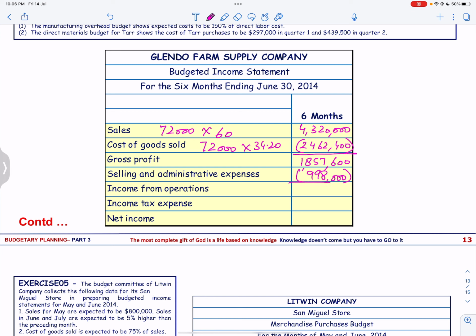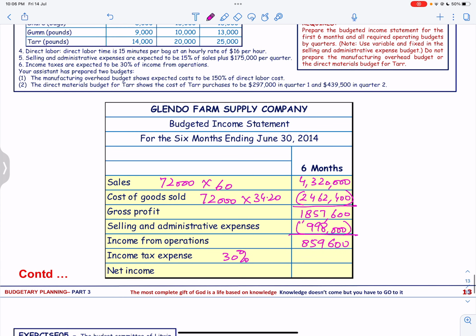So this gives us an income from operation of 859,600, and from this we are going to subtract 30% of taxes, as it is given over here. So 30% of 859,600 is 257,880. So that gives us 601,720.